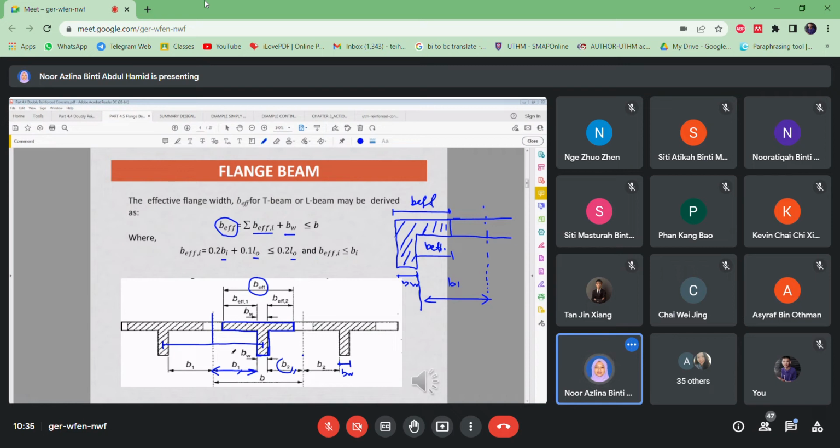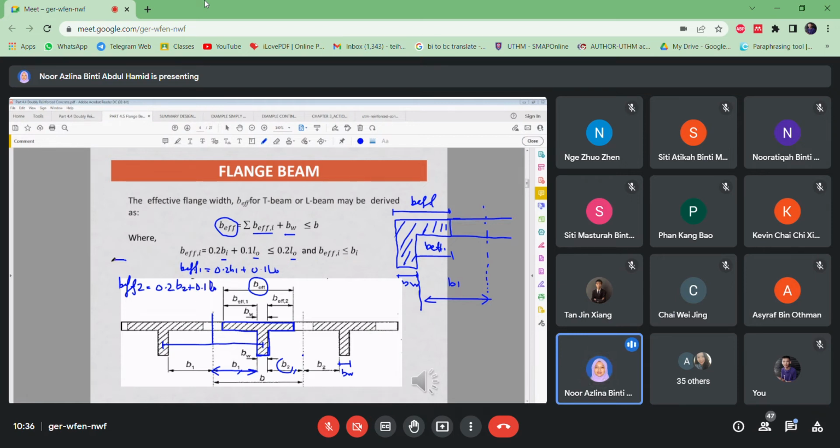Sebabkan T beam it has two sides here, which is B1 and B2. So that means B effective 1 is equal to 0.2 B1 plus 0.1 LO. Then we have another one, which is B effective 2 is equal to 0.2 B2 plus 0.1 L1, kalau T-beam.